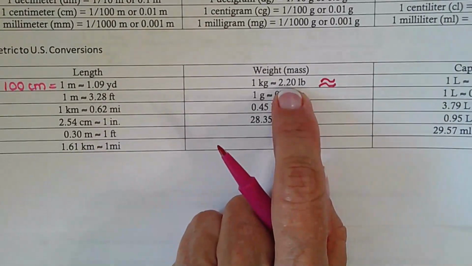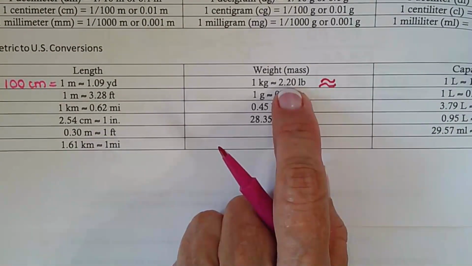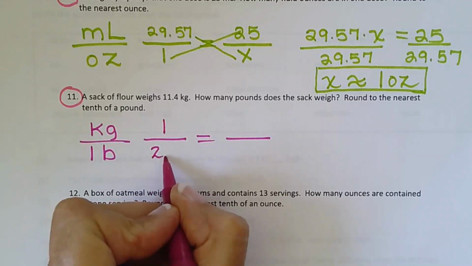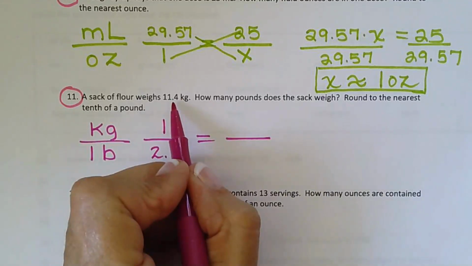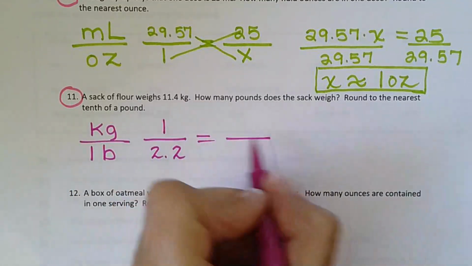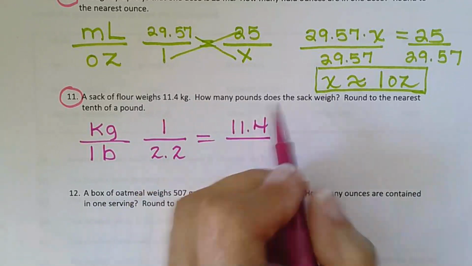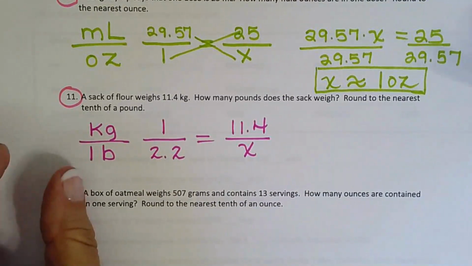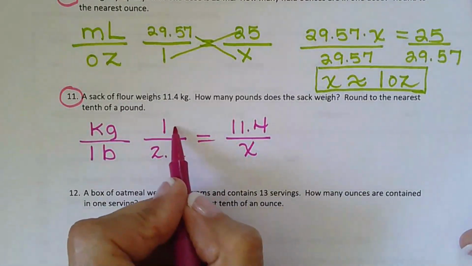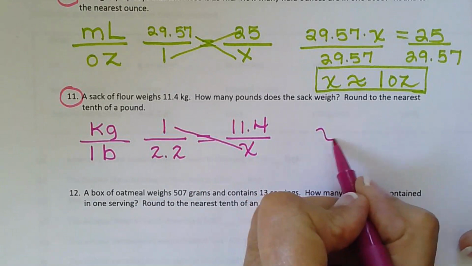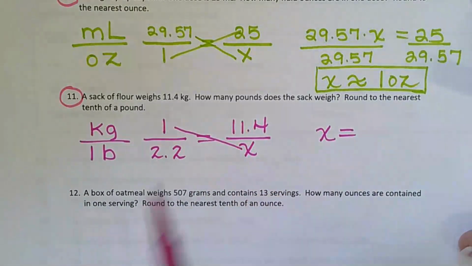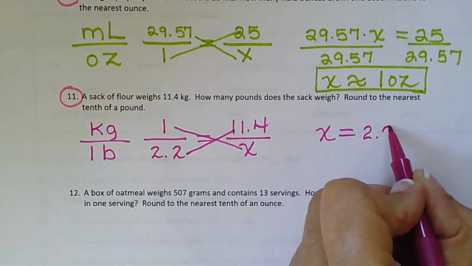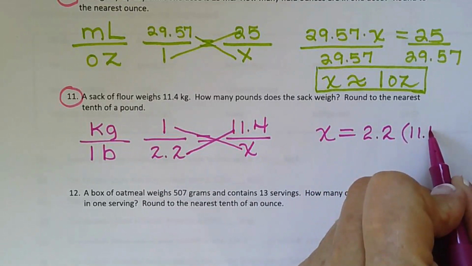So 1 kilogram is about 2.2 pounds. 11.4 kilograms is how many pounds? So this is a nice easy one to end the lesson. So 1 times x is 1x or x. And we set that equal to the other cross product, which is 2.2 times 11.4.